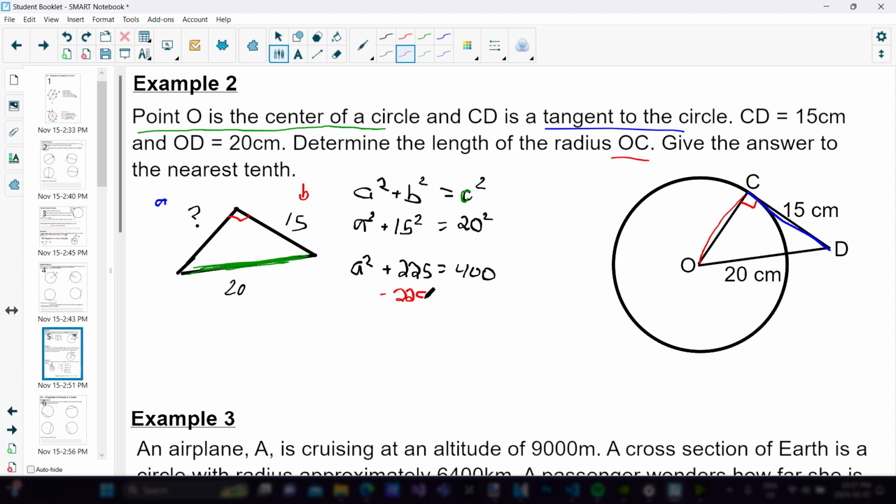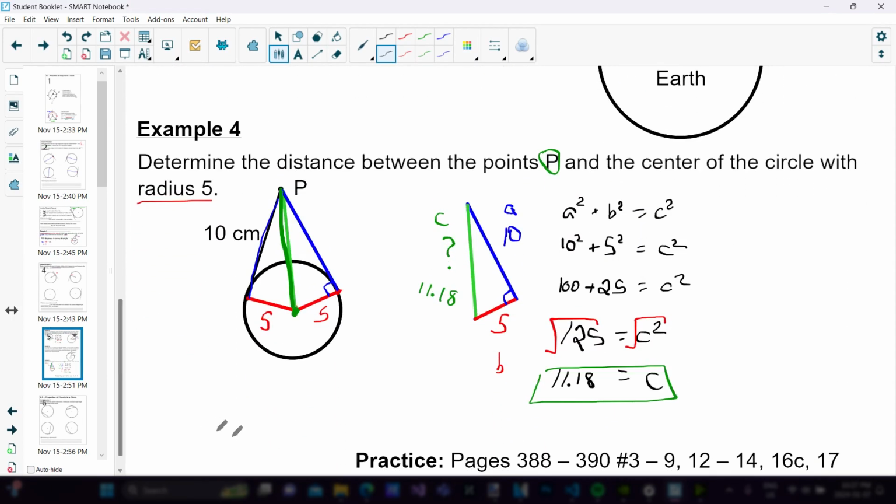And the easiest way to get rid of plus 225 is to subtract 225. Boom, it's gone. Whatever you do to one side, you got to do to the other. So I got a minus 225 on the other side of the equal sign. So now I'm left with A squared equals 400 minus 225, which is 175.